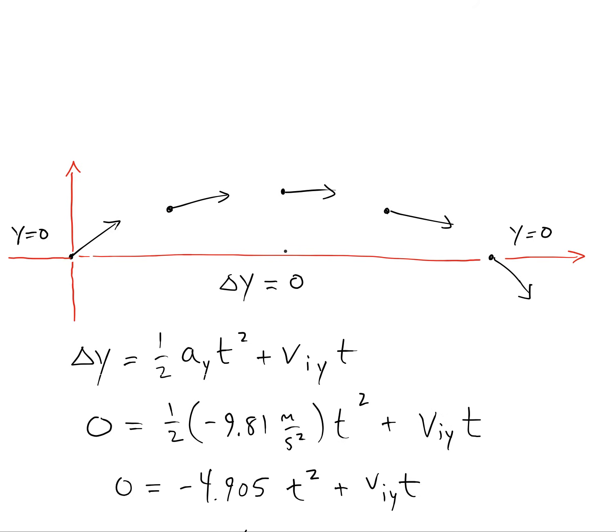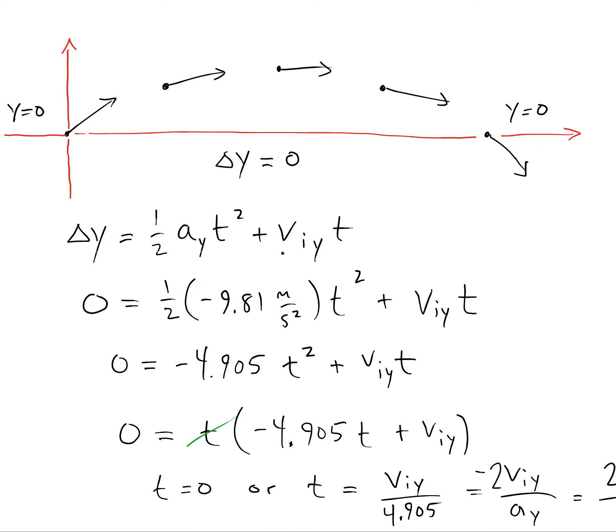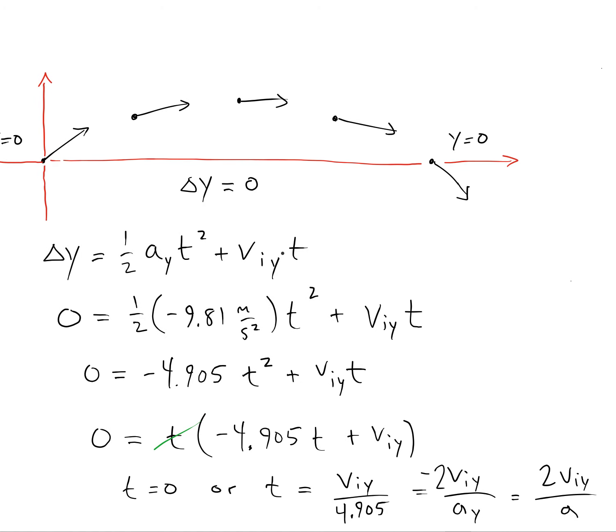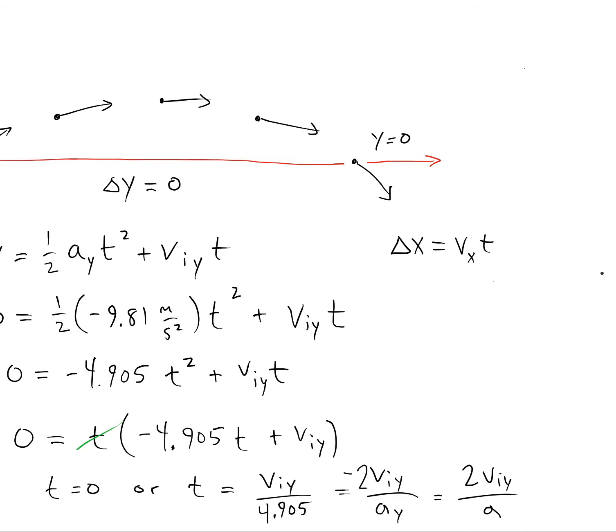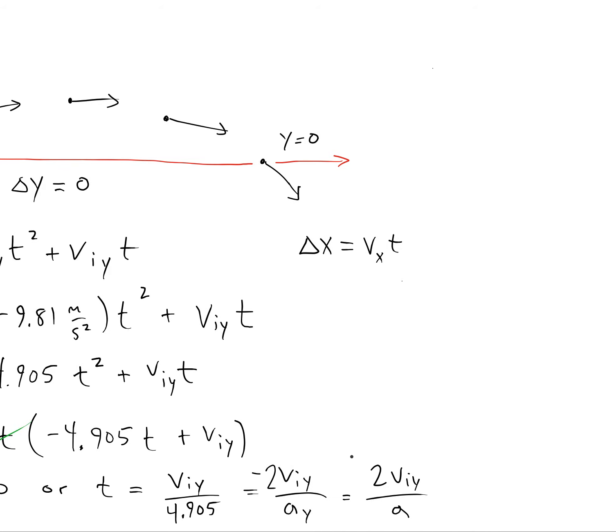All right, so we already know how long it's going to take to get to the other point where it was launched from. So what we should do now is use the formula delta x equals vt, using the time that we found and the x component of the velocity. We said that this was going to be the time for coming back down, so just plug that right in.